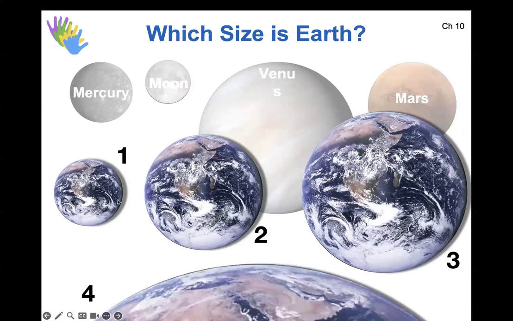If we have a consideration of Earth, which of these is correct? Is Earth sized as shown in number one, number two, three, or four? What do you think?